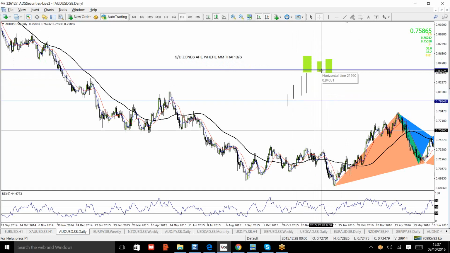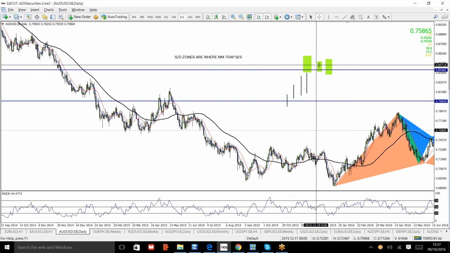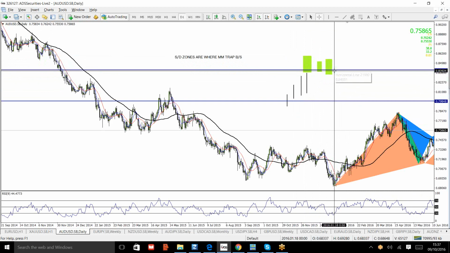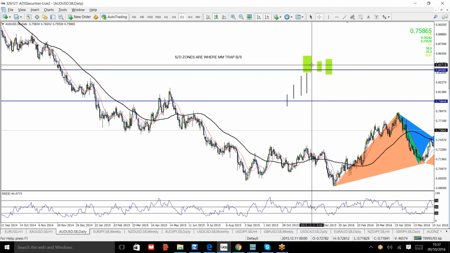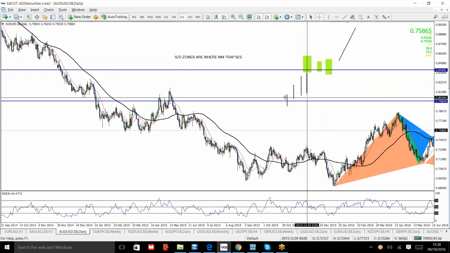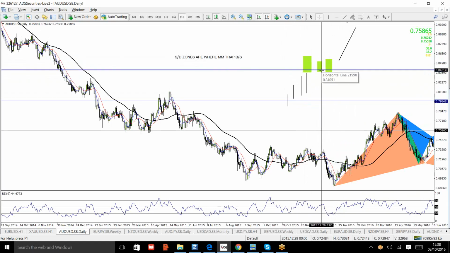And the institutions will keep on taking the market around these levels with strong bullish momentum in order to incite and attract retail buyers to accumulate and place more orders here. So if you are a retail trader, you'll open up more orders here thinking this resistance has turned into a support, right? Bullish candles are telling me the market is going to the upside. So let's open up more orders. If somebody is already in trades here, they'll add on more orders.